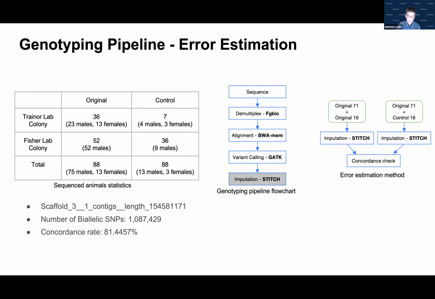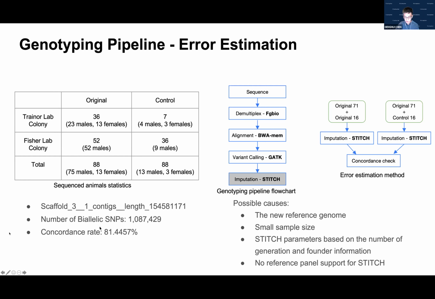From here, I think the possible causes for the low concordance rate are the problem of the new reference genome, and that we have a really small sample size for the imputation software, because the imputation software we're using is highly data-driven.